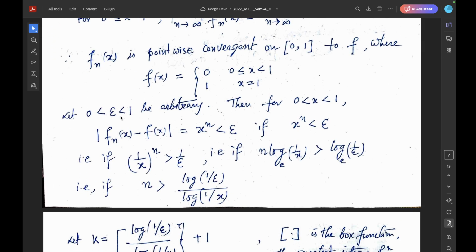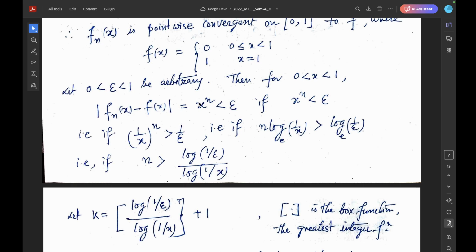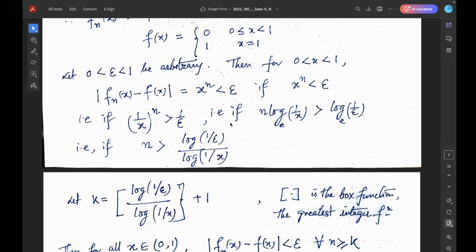Choose a very small positive quantity epsilon. For 0 less than x less than 1, the modulus of f_n(x) minus f(x) is equal to x to the power n, which is less than epsilon if x to the power n is less than epsilon. That is, if 1 by x to the power n is greater than 1 by epsilon. Taking log on both sides, n log to the base e of 1 by x is greater than log of 1 by epsilon to the base e.